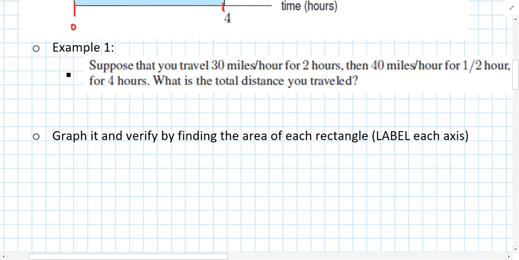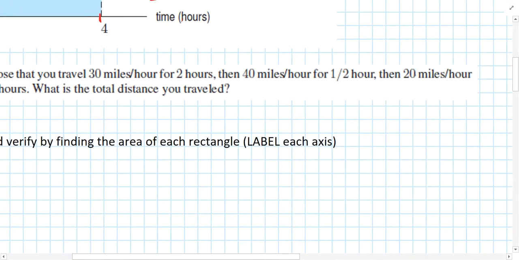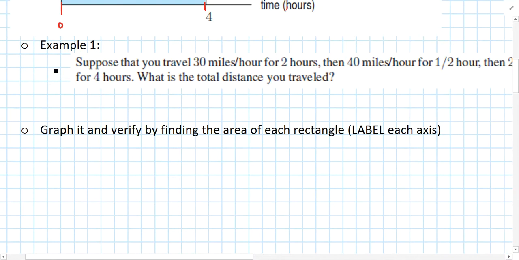So what if the scenario gets a little bit more challenging? What if you travel 30 miles an hour for 2 hours, 40 miles an hour for half of an hour, and then 20 miles an hour for 4 hours? What's the total distance that you travel there? Well, using algebra, 30 miles per hour times 2 hours plus 40 miles per hour times half of an hour plus 20 miles per hour times 4 hours.